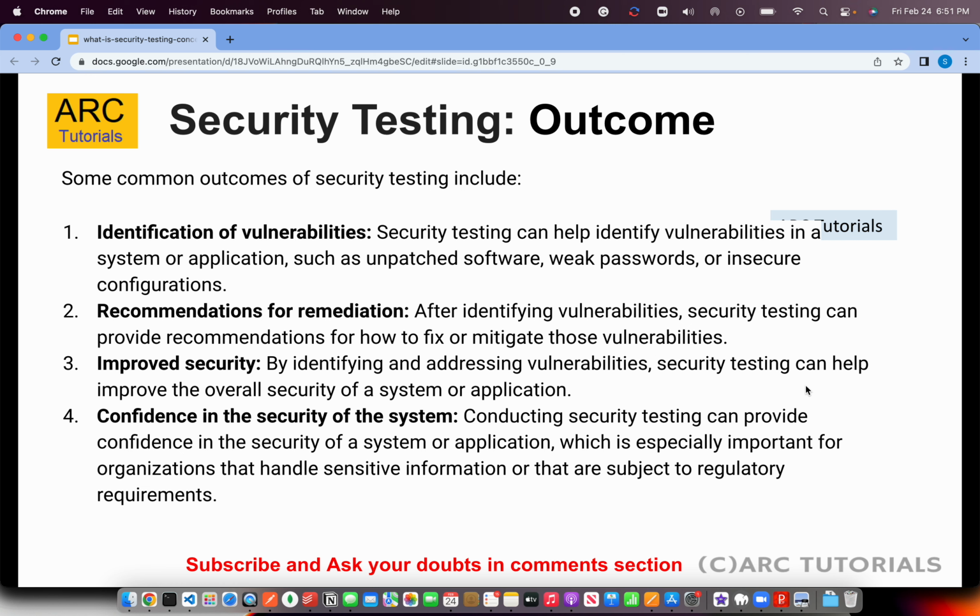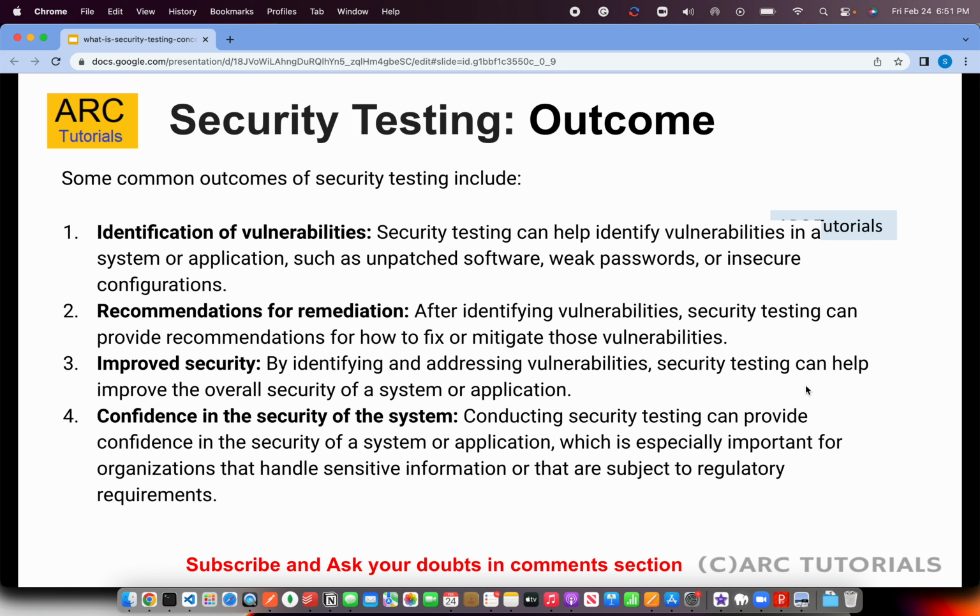Now, what are the usual outcomes of security testing? The outcomes are identifying any potential gaps and vulnerabilities that need to be fixed, like outdated software versions, weak passwords, or insecure configurations, etc. The security testing team also provides us with recommendations and best practices of how to fix any bad code or any vulnerability gaps.